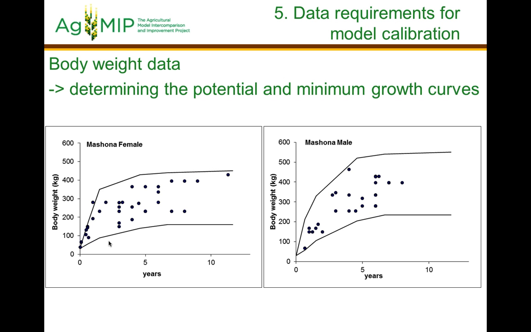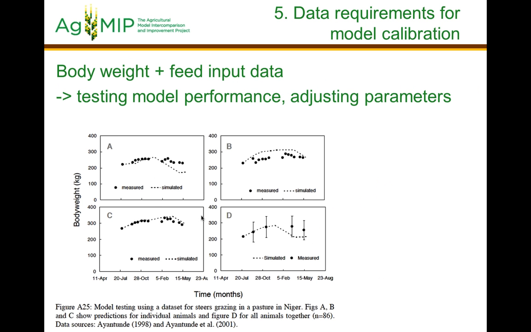So the dots are the actual body weights. And basically the envelope curves, they determine the minimum and the maximum body weight for different ages of the cows. And here we're looking at the Mashona breed, which is a typical Zimbabwean breed.